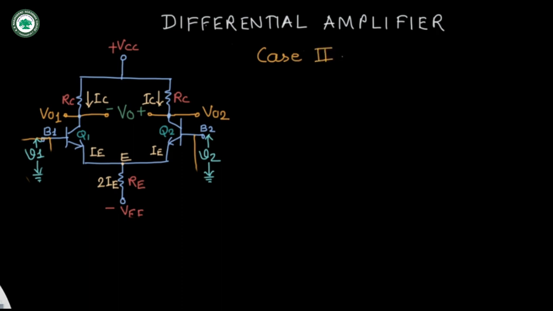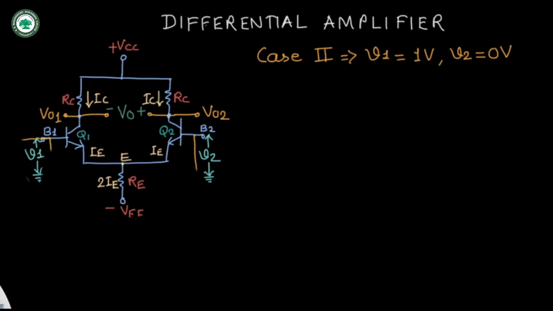Now here we will consider that V1, that means the input at the B1 terminal, is equal to plus 1 volt, and V2, that means the second input provided at the Q2 transistor, is equal to, suppose, 0 volt.